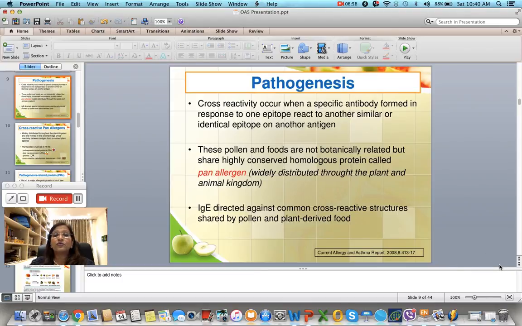These pollens and foods are not at all related botanically, but they share highly conserved homologous proteins called pan-allergens, which are widely distributed in the plant and animal kingdom. IgE directed against common cross-reactive structures shared by pollen and plant-derived foods.